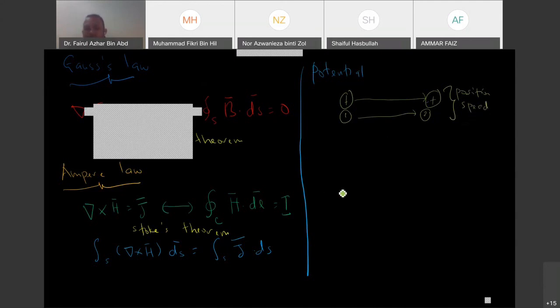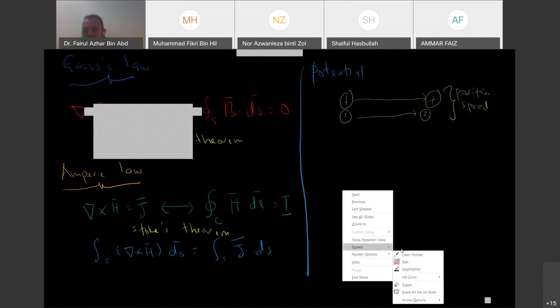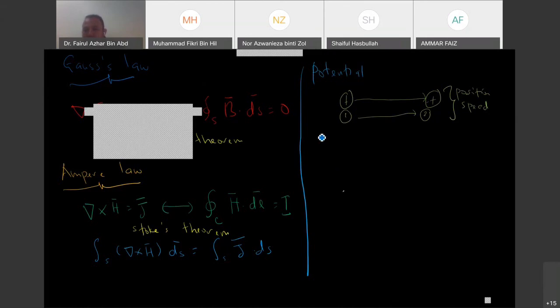However, in a magnetic field, the situation is that we already have charge motion from one point to another, and due to this charge motion, we will have some value of current.